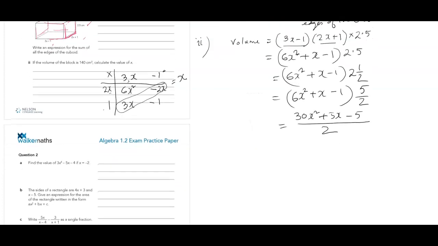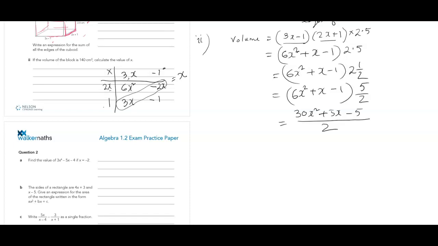Okay, let me see if I can do question 2. Question 2, find the value of 3x to the power 4 minus 5x minus 4 if x equals negative 2.